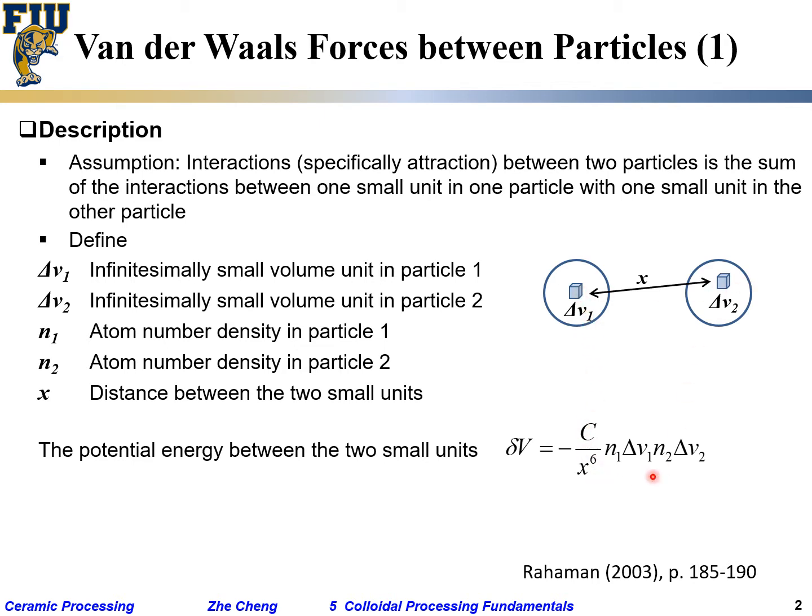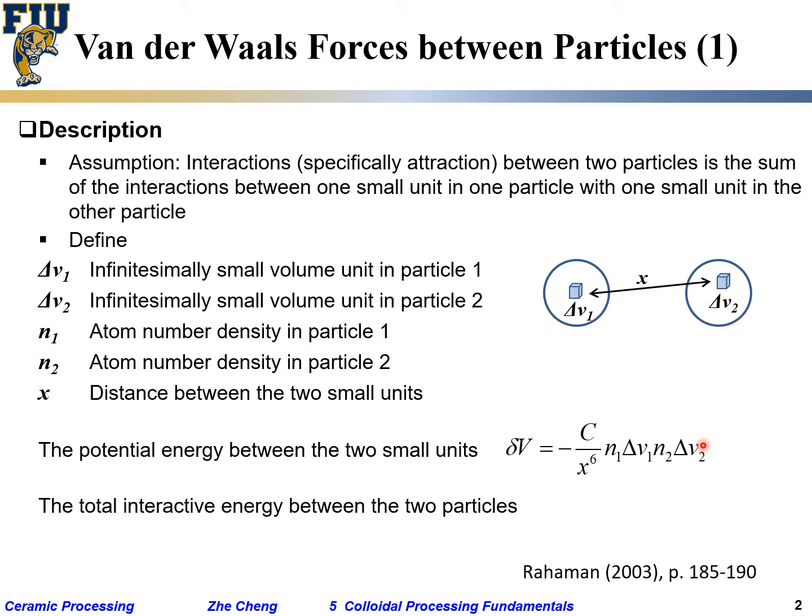Because they are relatively small, we can fix the distance, x to the power of 6, and then volume times number density, how many atoms, volume times number density for the other particle. So this gives us the total potential energy.